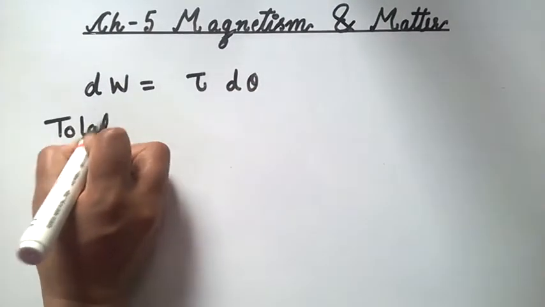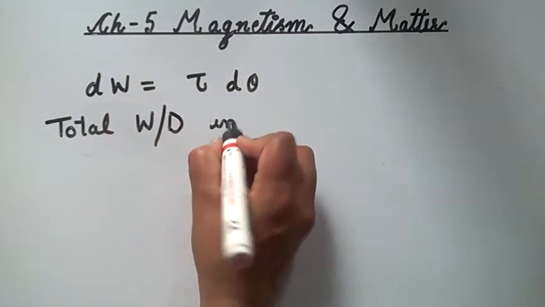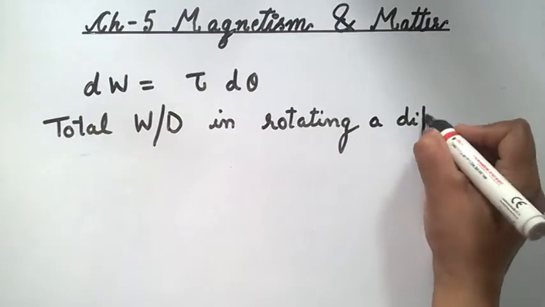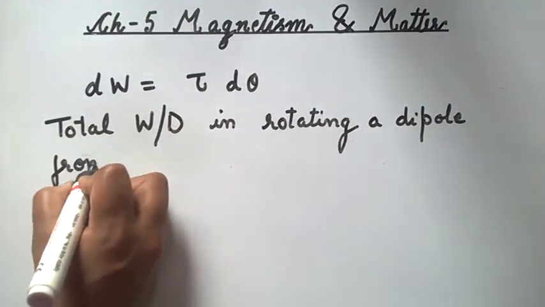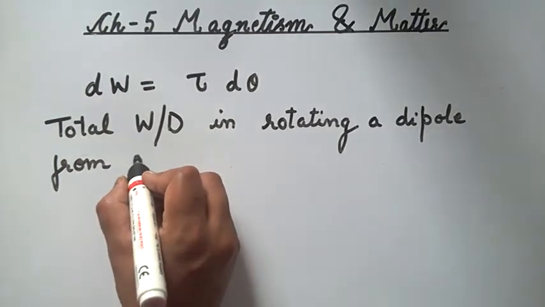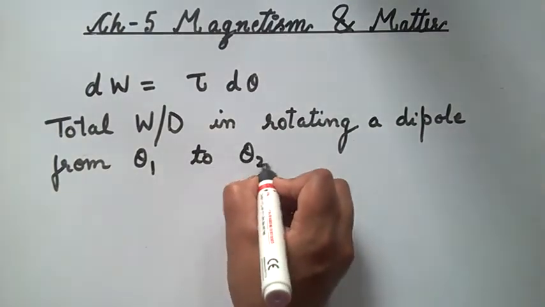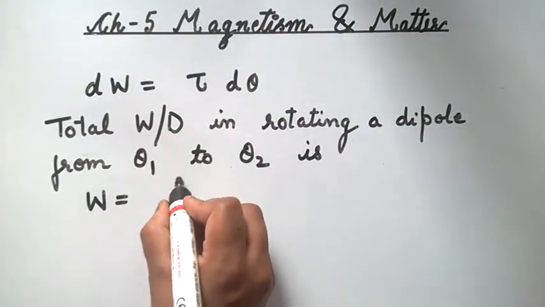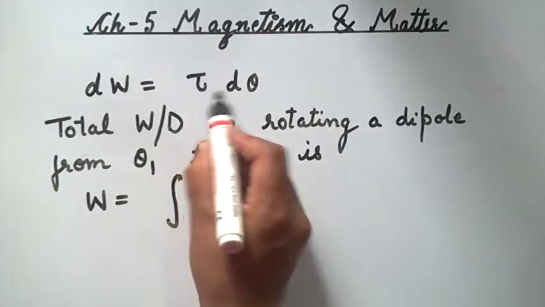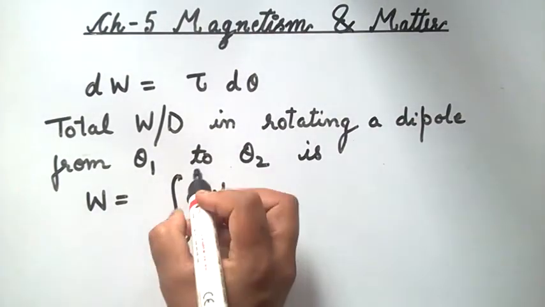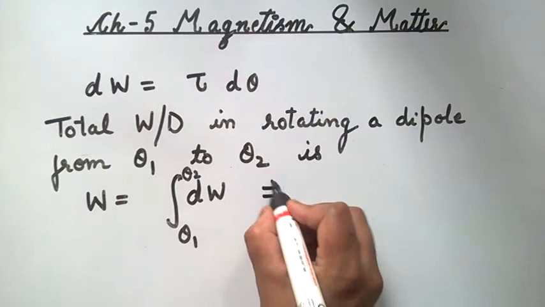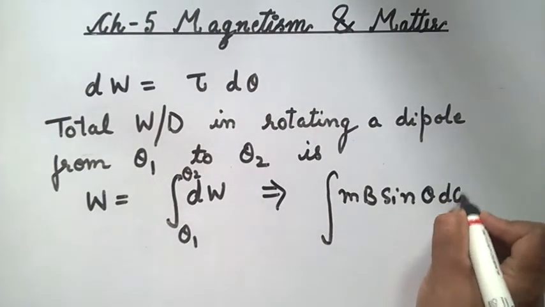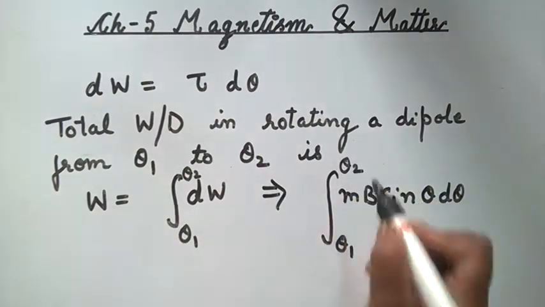And total work done in rotating a dipole from one angular position to another position is the integration over dW, and it implies that the integral of mB sine theta d theta over the limits theta 1 and theta 2.